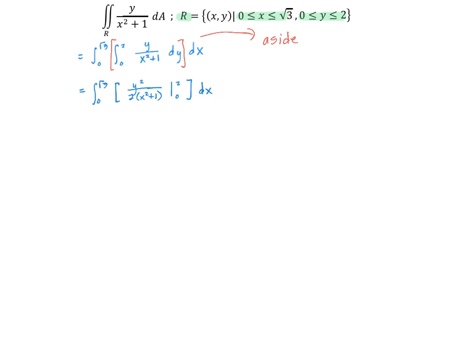So if you put in 2 for the y in y squared over 2, then that's just going to give you 2 over x squared plus 1. So again, we still have the 0 to the square root of 3. That's going to give us 2 over x squared plus 1. And then if you put in 0 for the y, the term just becomes 0, so that's it.